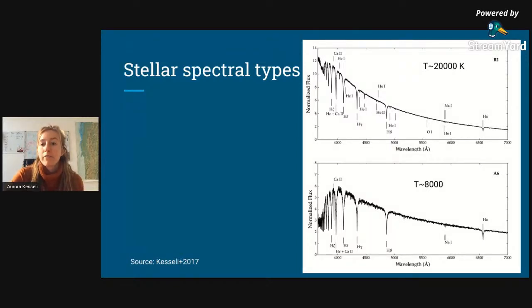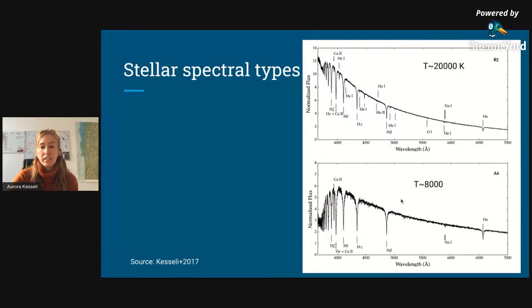For notation, when we talk about spectral lines, we have the He2 versus He1, and the He2 is the ionized helium. So one of the electrons is gone, and you get a different transition. So in these really hot stars, most of the lines are from hydrogen and helium.